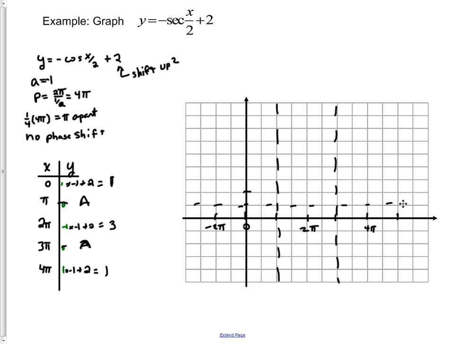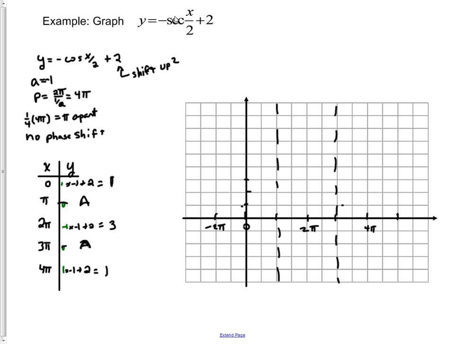The cosine function might look like this. It would start at 0. It would go down, pardon me, to positive 1. Oh, here's 2. Let me adjust this one second. All right.